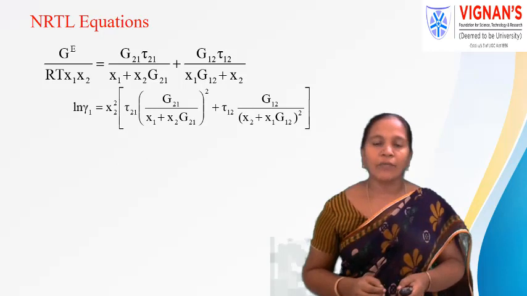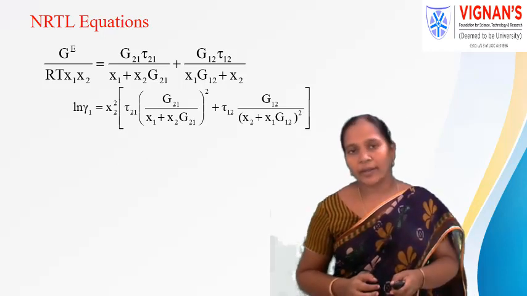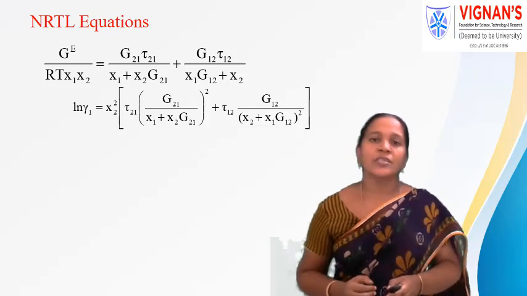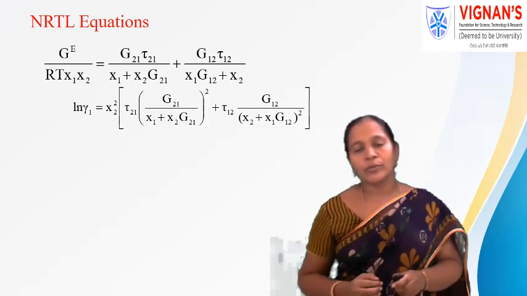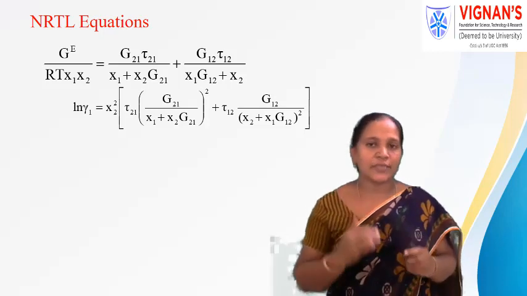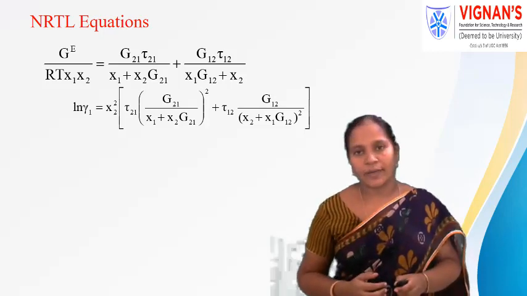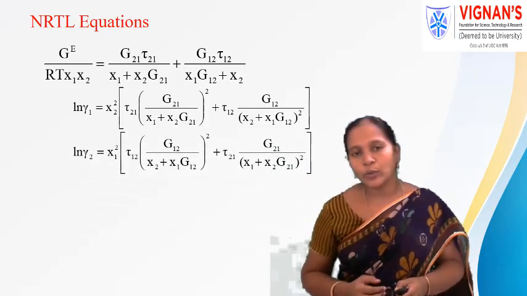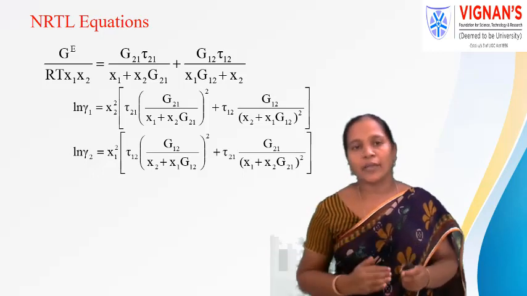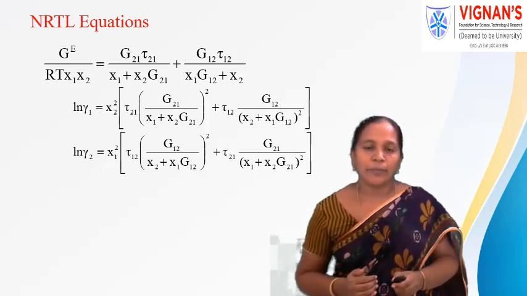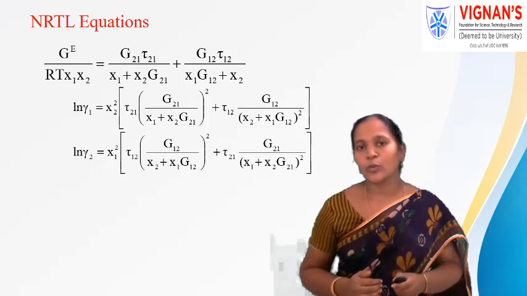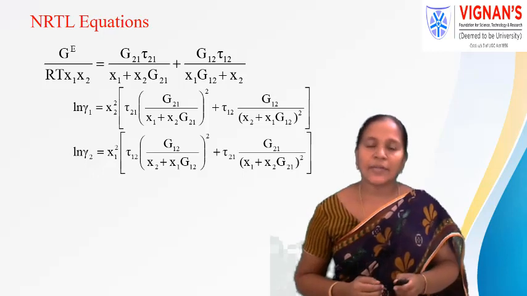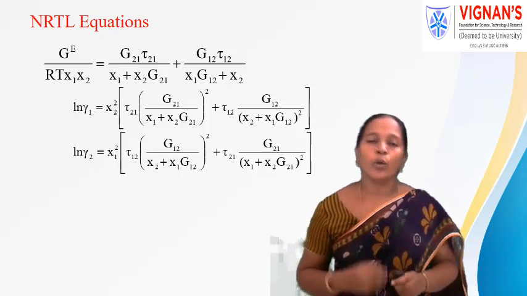Therefore, ln gamma 1 is equal to x2 square into tau 21 G21 by x1 plus x2 G21 whole square plus tau 12 G12 by x2 plus x1 G12 whole square. Similarly, ln gamma 2 is equal to x1 square into tau 12 G12 divided by x2 plus x1 G12 whole square plus tau 21 G21 by x1 plus x2 G21 whole square.